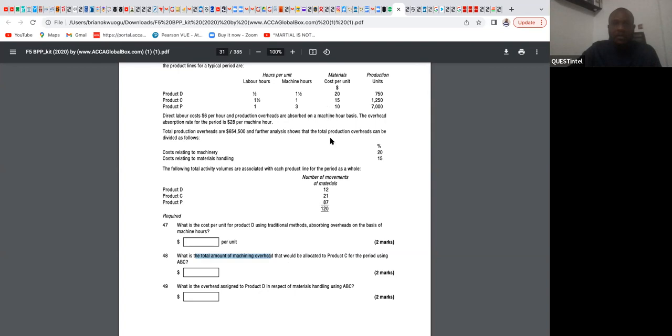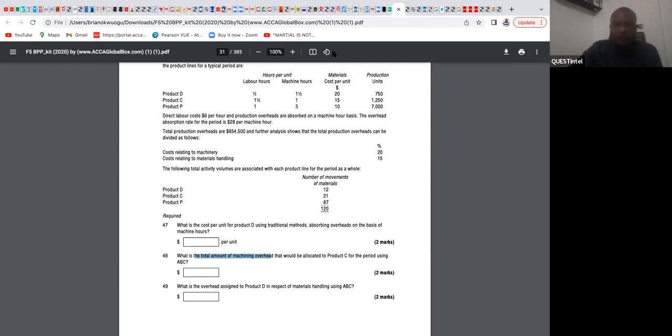The only other thing is the number of units. The number of units of product D will be 750 divided by 12, product C will be 1250 divided by 21, and product P will be 7,000 divided by 87. That's the number of units, but they've asked us for the total. They said, what is the overhead assigned to product D in respect of material handling?